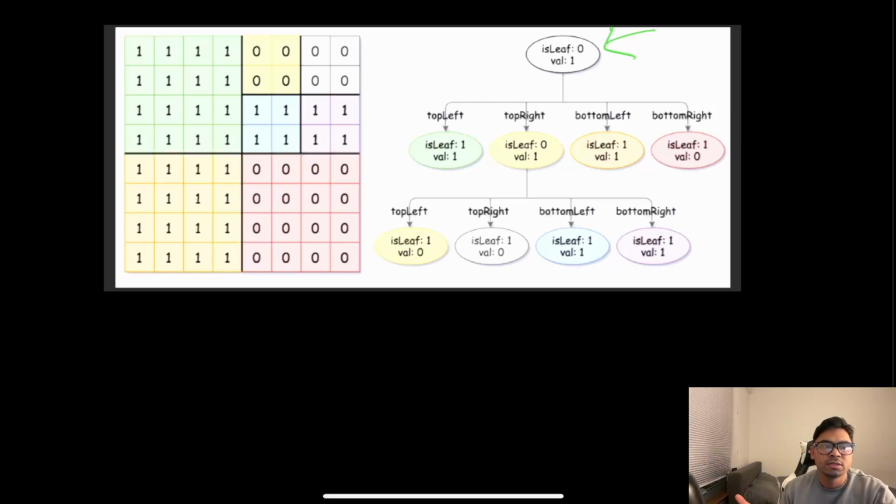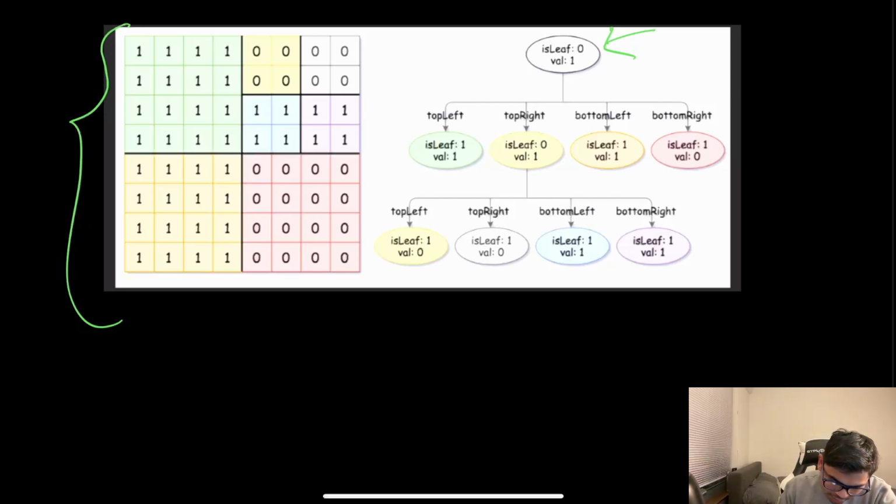I would say 0. Then see here, we're going to check if this entire matrix contains all the same values. If it does, we simply return one node, isLeaf is 1, and value as whatever this matrix had as value. Okay, so now this time it doesn't.